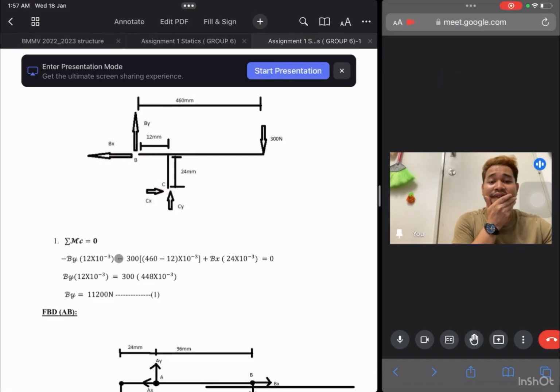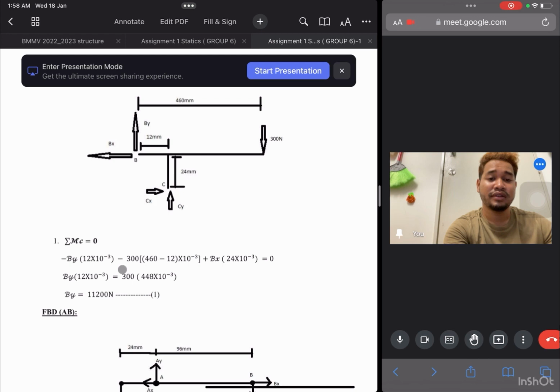Okay, so we continue: negative By at the moment about point C. We got negative By times 12, the displacement, times 10 power negative 3 because I want to change to meter.